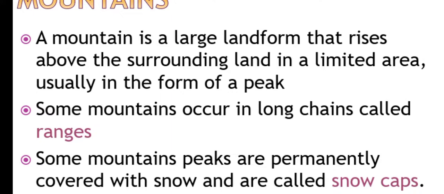Because of the temperature drop, it is common for higher mountains to develop ice on their surface. K2 is an example of a mountain which remains covered with snow round the year, and there remain snow caps.